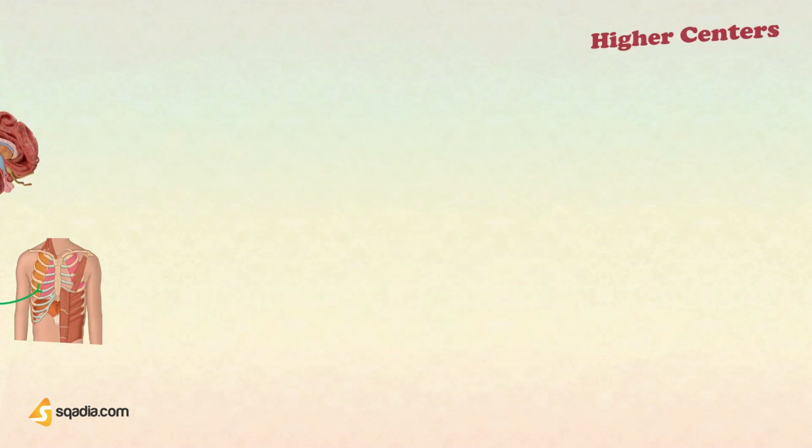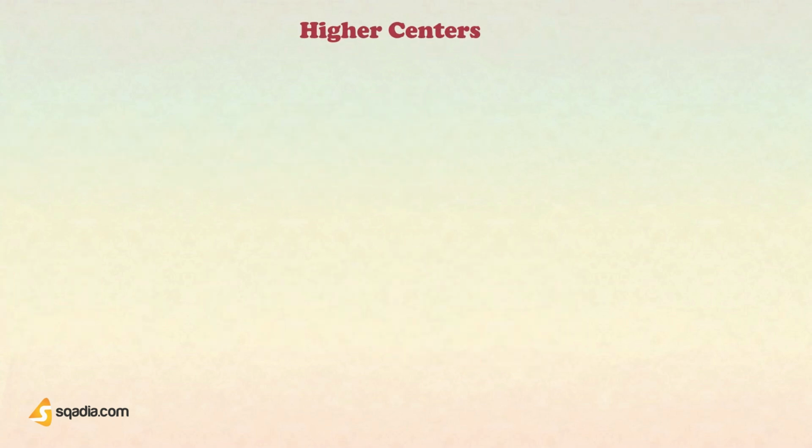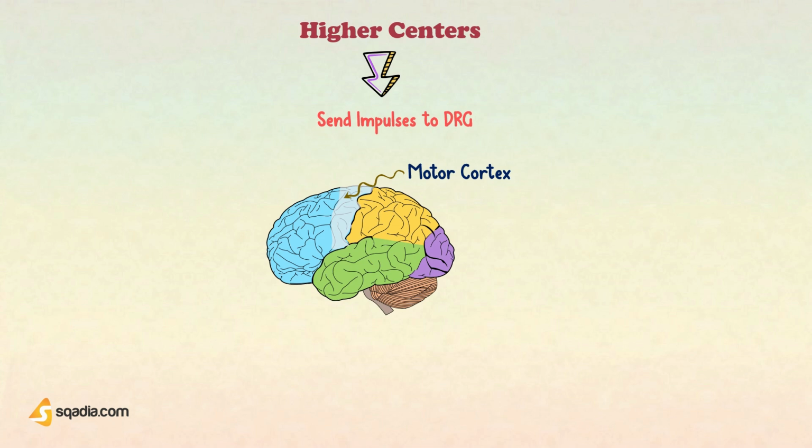Well, higher centers alter the respiration by sending impulses directly to dorsal group of neurons or DRG. Impulses from some areas inhibit respiration, while the impulses from motor area of cerebral cortex cause forced breathing.